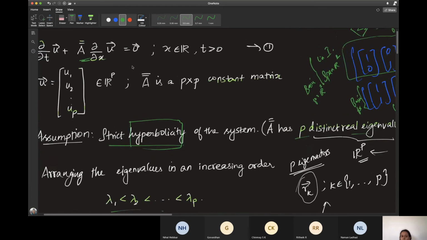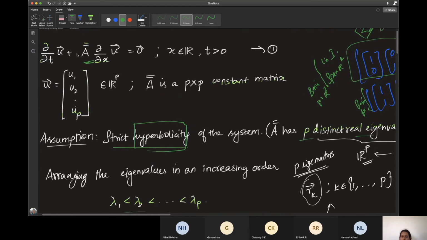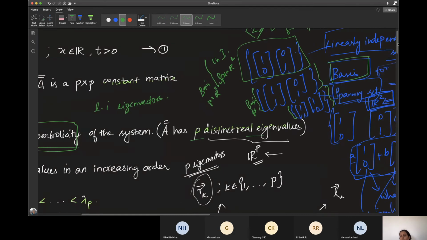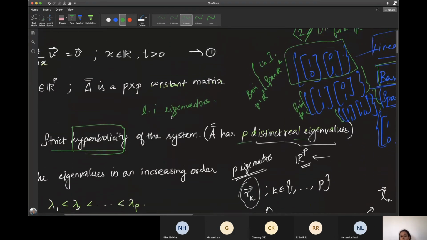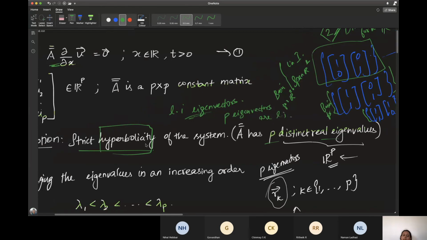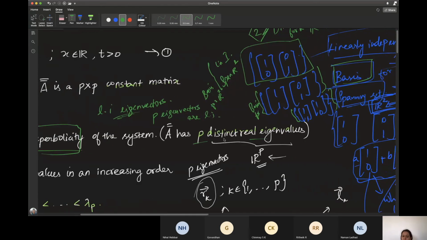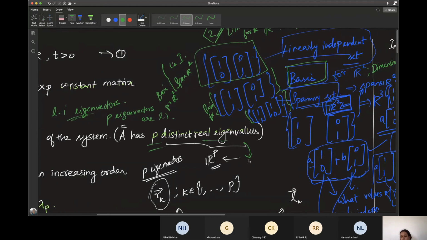You call a system hyperbolic when the matrix A has linearly independent eigenvectors. We talked about what linearly independent is all about. So all your p eigenvectors are going to be linearly independent for the hyperbolicity condition.